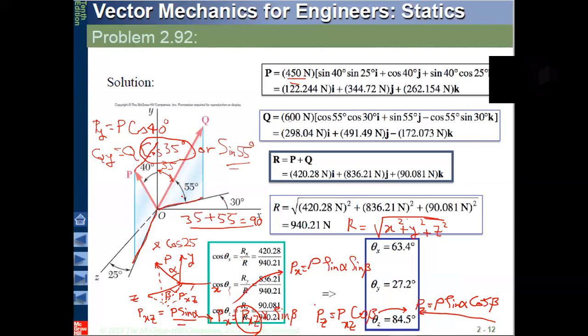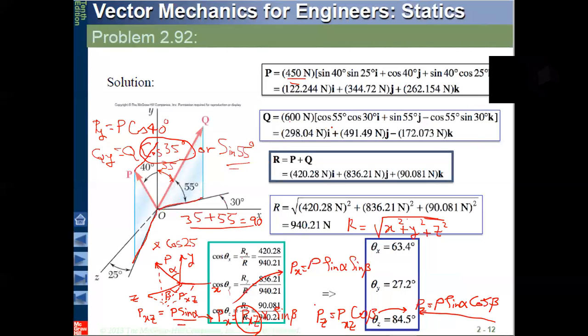But it is quite the same, because if you want to derive the y component of Q, you have to multiply Q by sine of 55, which you can see here is the opposite side of this triangle.